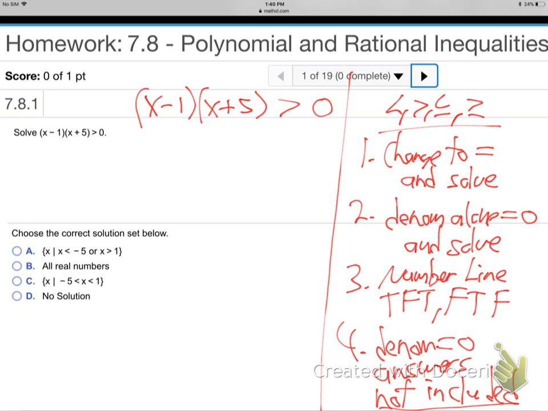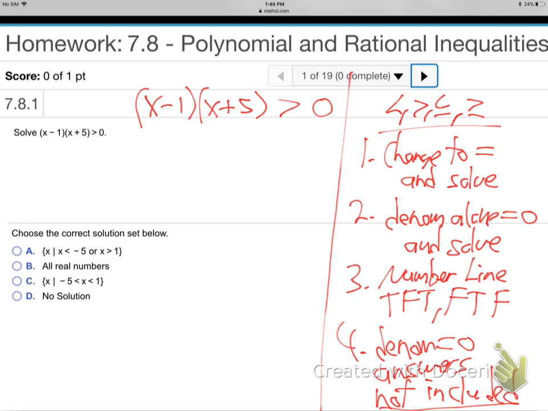All right, so there's the steps that you want to go through when you're solving a greater than, less than problem with x in there.